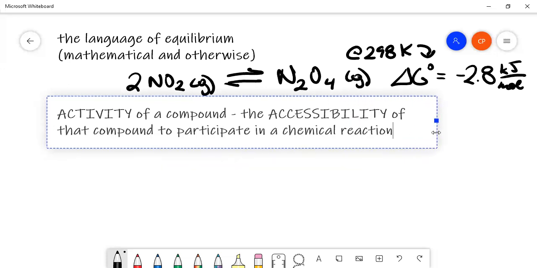And there are better definitions of activity out there, but I want to be as straightforward as possible as I introduce these ideas. And so what I want to talk about as I put together this concept of activity is how accessible the compound is to participate in the chemical reaction.